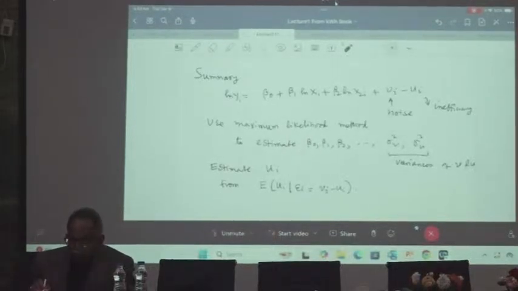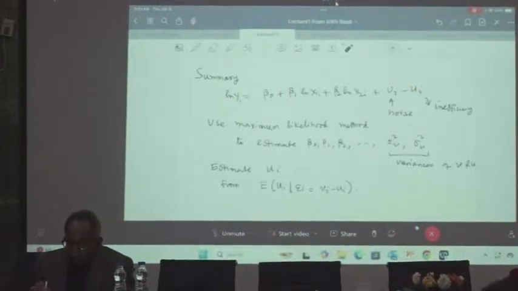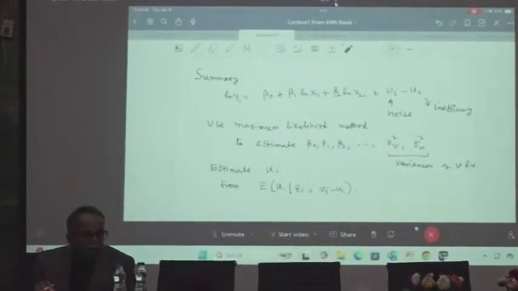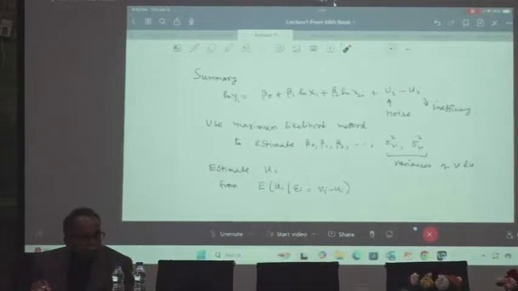Now, one side point is that sometimes people ask, what happens if everybody is fully efficient? That means u_i is 0, so you drop this term. But that does not mean there is no use of this model. Then you get the standard neoclassical model, the type of model that you learn in your textbook, because the textbook does not talk about inefficiency.